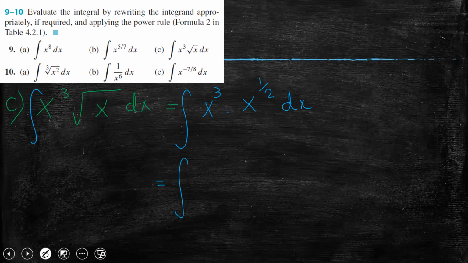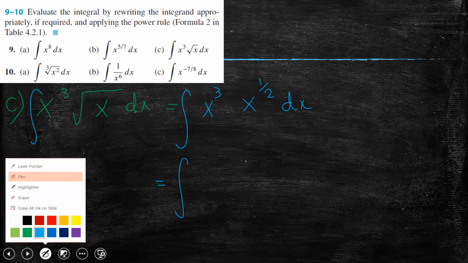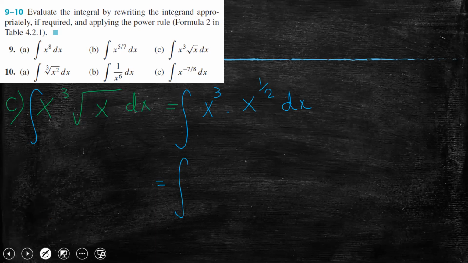Here, as we know before, if the two bases are the same and they are multiplied, what can I do with the exponents? Add them. Yes, exactly. So 3 plus half dx.